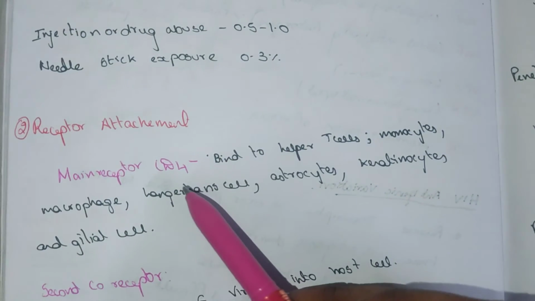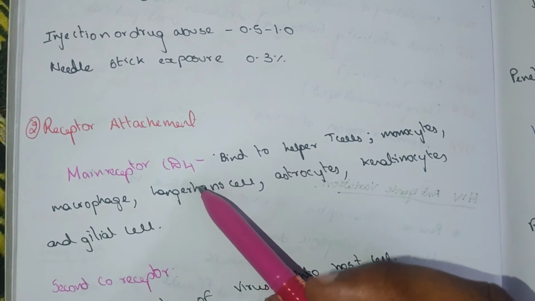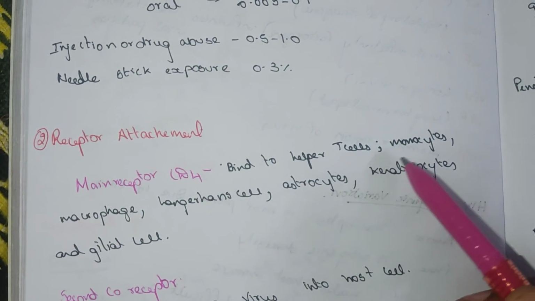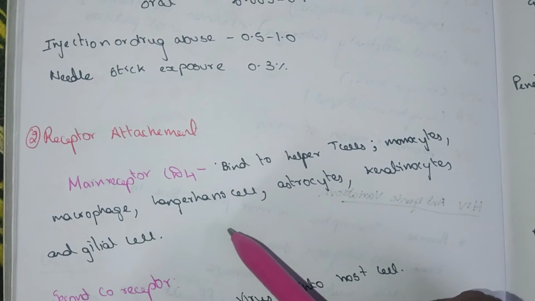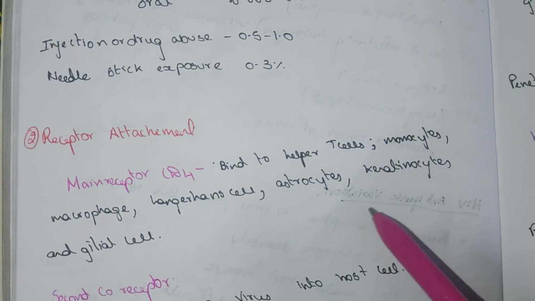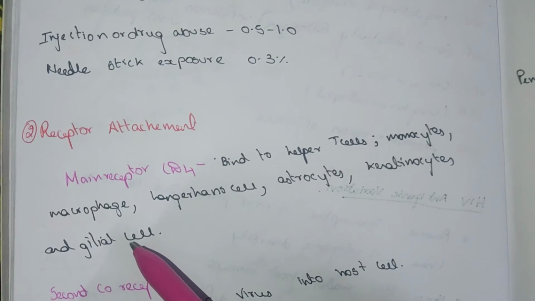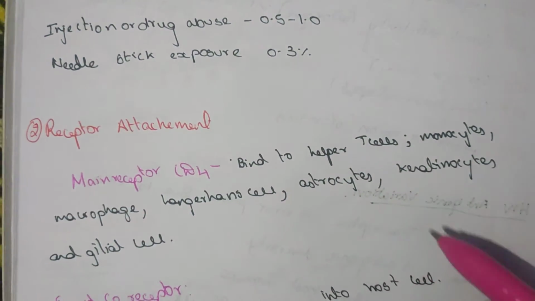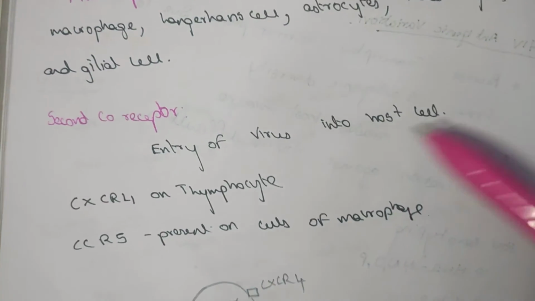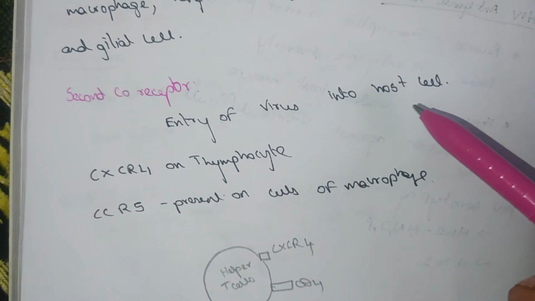Receptor attachment. The main receptor is CD4, which binds to helper T cells, monocytes, macrophages, Langerhans cells, astrocytes, keratinocytes, and glial cells. The second co-receptor helps in entry of the virus into the host cell.